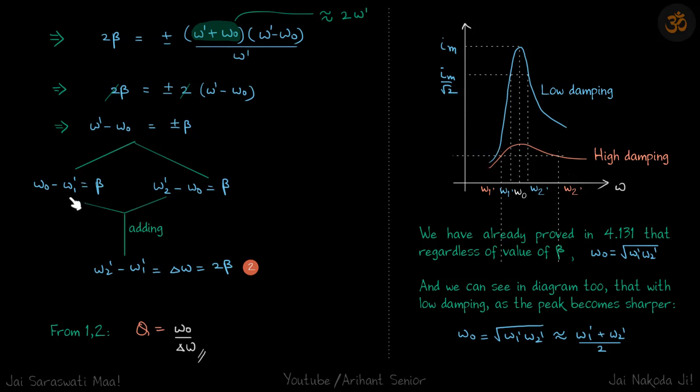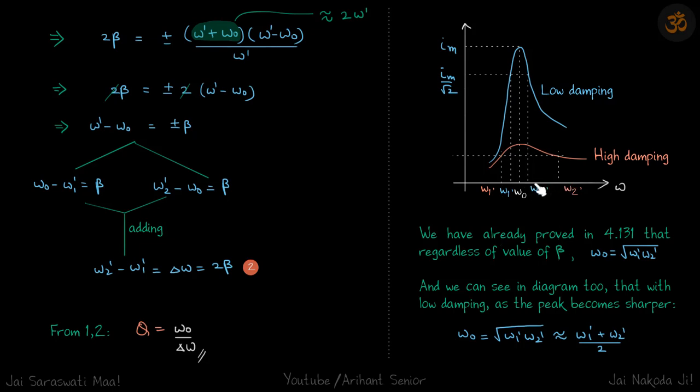What we saw here is omega naught minus omega 1 dash, this gap, is equal to omega 2 dash minus omega naught, this gap. So these two gaps are equal. And that's very surprising because this graph is asymmetric. But visually you can see that because the curve is sharp, these two gaps are almost equal.